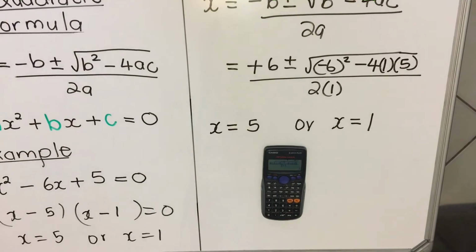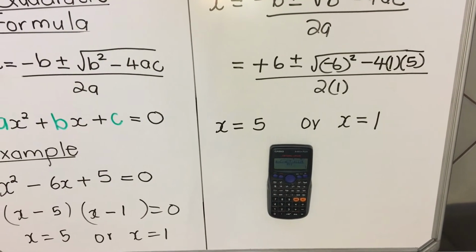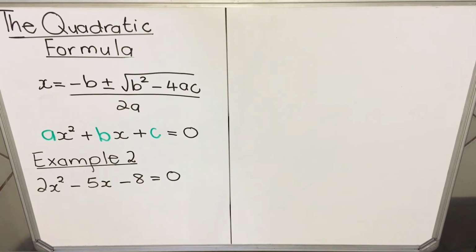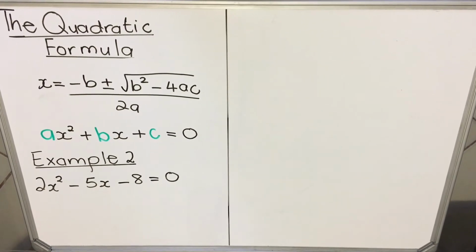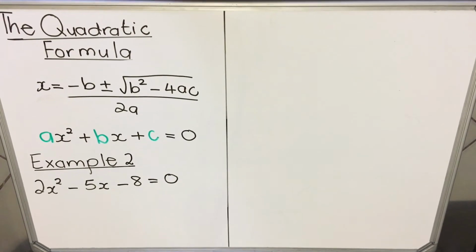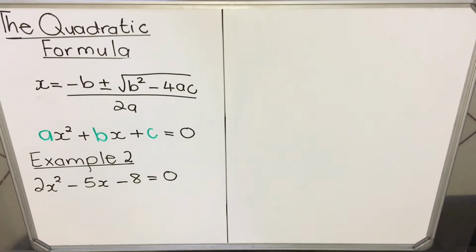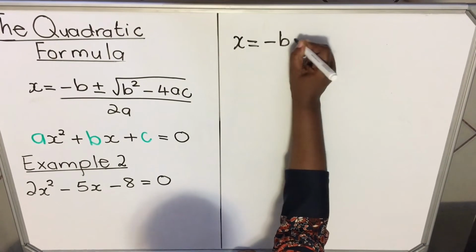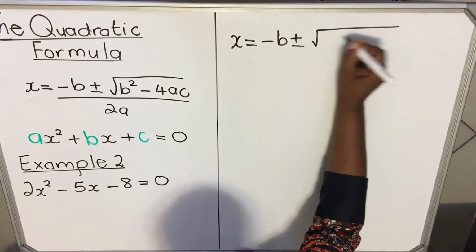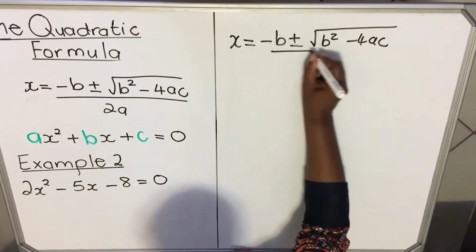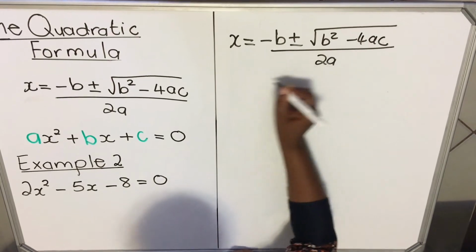Okay, let's do a slightly more complicated example. Now with our example 2, our quadratic is 2x squared minus 5x minus 8, and then we're asked to solve. So you're going to write your quadratic formula. x equals minus b plus minus square root of b squared minus 4ac over 2a.